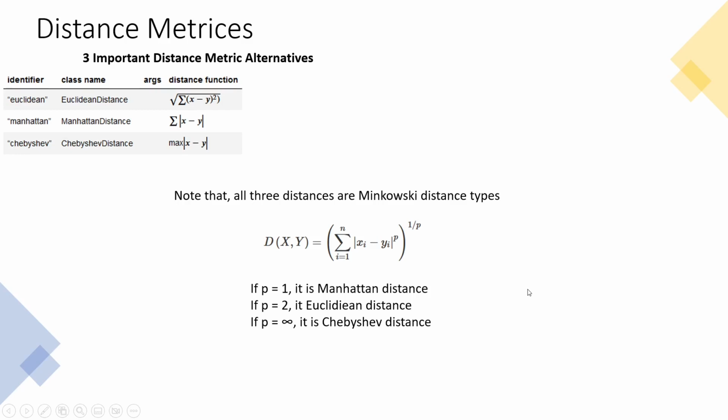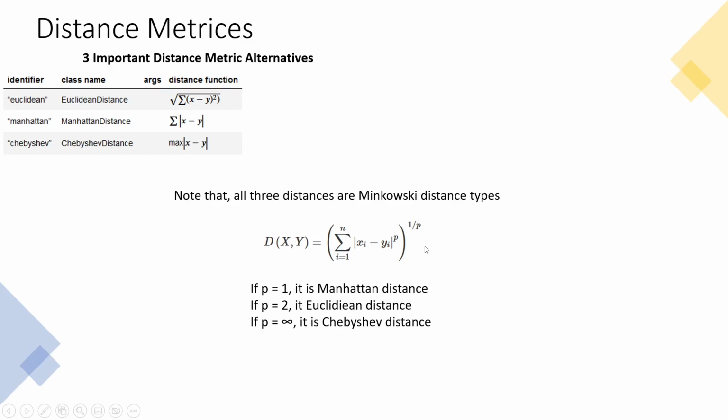And something to remember, all these 3 distances, Euclidean, Manhattan, and Chebyshev, are called Minkowski distance types. That's a distance type family. This is the general formula for Minkowski distance.